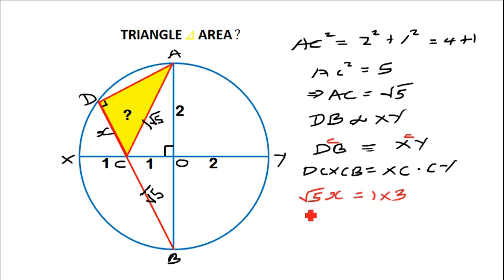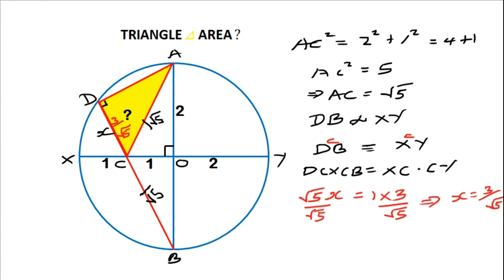So what do we get for x? We simply divide both sides by root 5. So x will be 3 over root 5. So you found the value of x to be 3 over root 5.